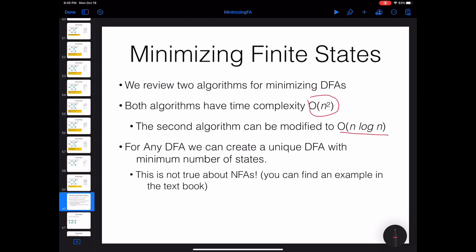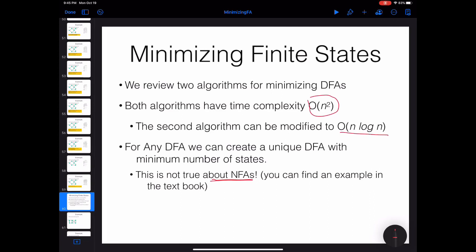But this is not the case for NFAs. Be careful. There is an interesting example for this one in your textbook, but you can easily think of some example for this. In the case of NFAs, for the same language, you can create two different NFAs with the minimum number of states, and they are actually different.